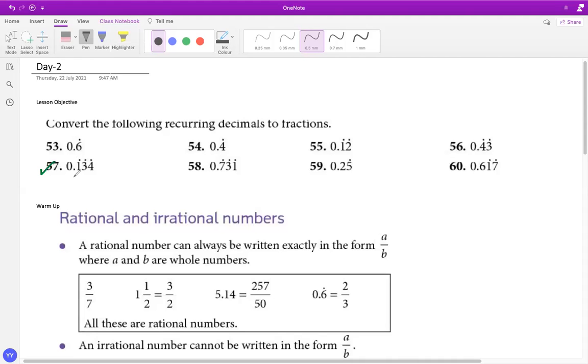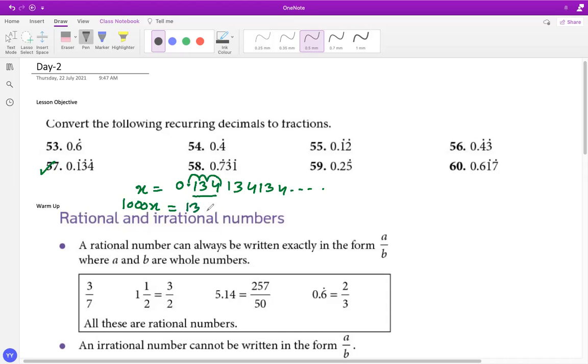So when you are talking about, let's say, 0.134 recurring, it's basically 0.134, 134, 134 and so on. If three decimals are recurring, we multiply both sides by 1000. If you multiply by 1000, your decimal shifts 3 places to the right.